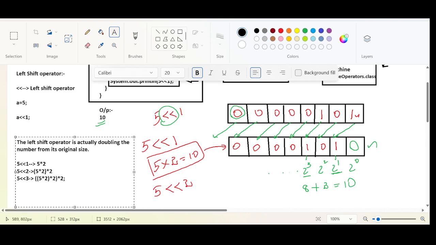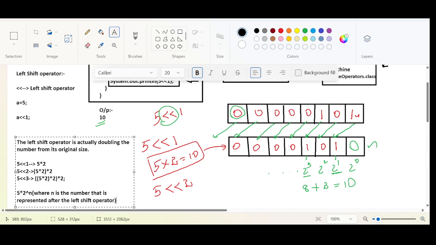To take any number, we can represent this with a simple formula like 5 into 2 to the power of n, where n is the number that is written after the left shift operator.